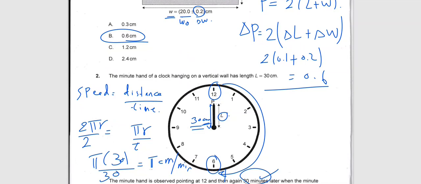Now the velocity, it's a vector. Vector, it's displacement over time. Displacement from where we start. I start from here and I end up here. So the total displacement will be all of this distance, 30 plus 30. This one will be the total displacement. So velocity is displacement over time.